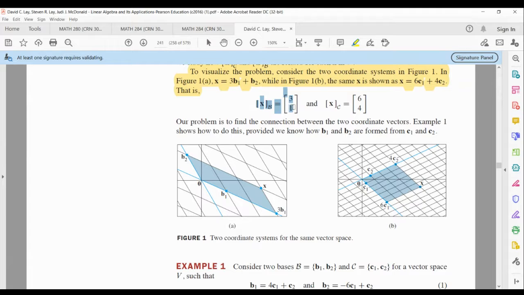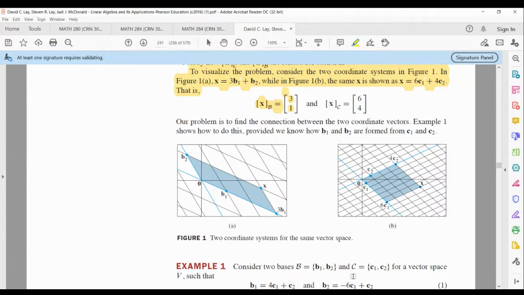They're saying that in terms of that basis, script B, which is the basis of vectors b1 and b2, the coordinate vector of x with respect to that basis B is equal to 3, 1.